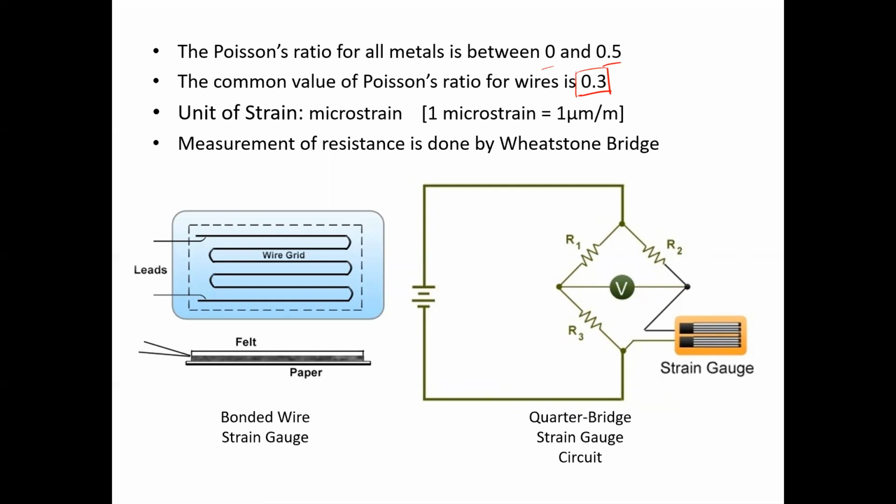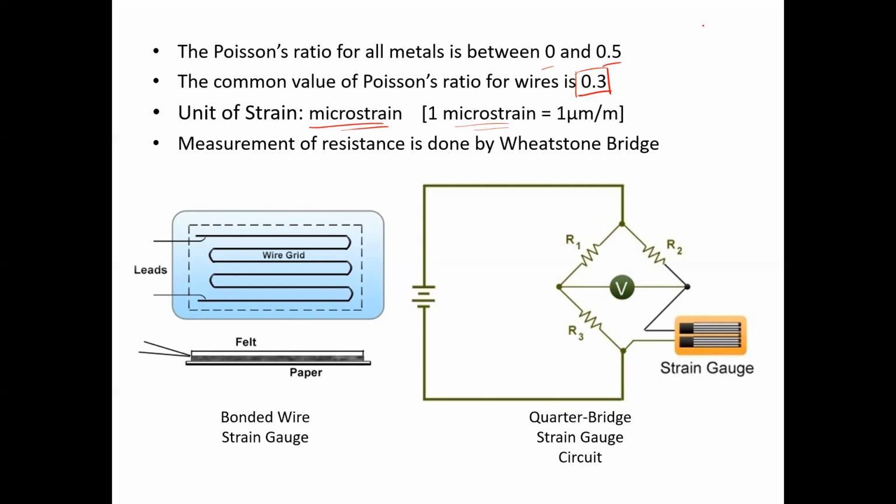And if it is defined, then you can easily calculate the value from the given data. And the unit for the strain applied to this sort of strain gauge is defined as microstrain, and 1 microstrain is equivalent to 1 micrometer of change per meter length.